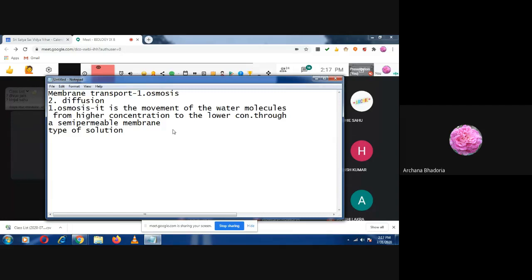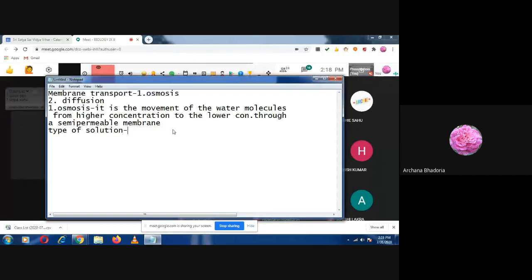In the same way, around a cell there will also be neighboring cells. Are you understanding what I am saying? From the neighboring cells, the water movement will be going on. From where to where the movement should go, it will depend upon the type of solution.